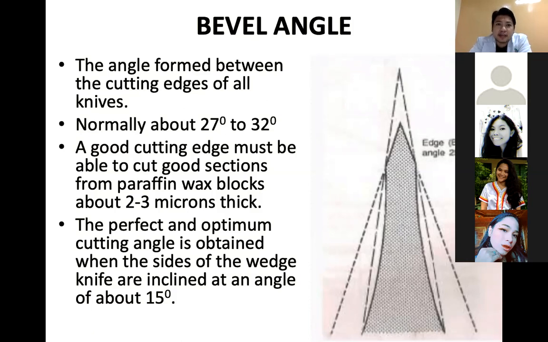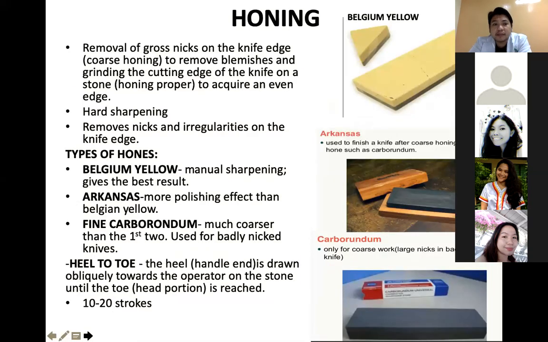Usually, class, this bevel angle deteriorates or changes as the knife ages. Okay? Age. So, nag-change siya. Kaya later on, we'll discuss honing and stropping in order to maintain this bevel angle. Okay? Now, honing, class. As we use our knives daily, nagkaroon ng changes sa formation or sa edges ng knife.